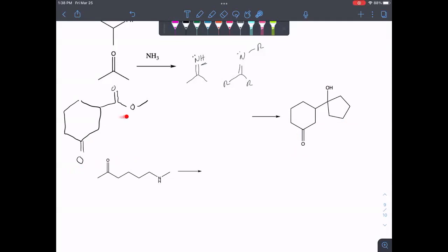And then we're going to do whatever we want to the ester. So what order? The protecting group first. Yes, and what do we use as the protecting group reagents? A diol with an acid.